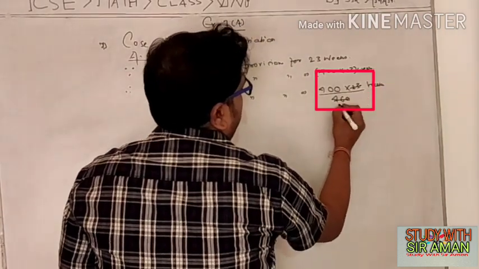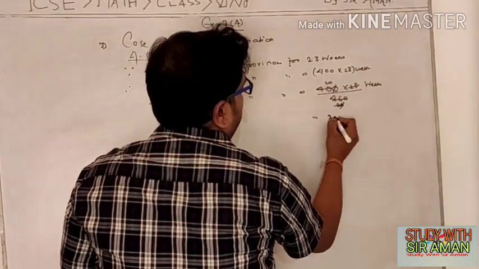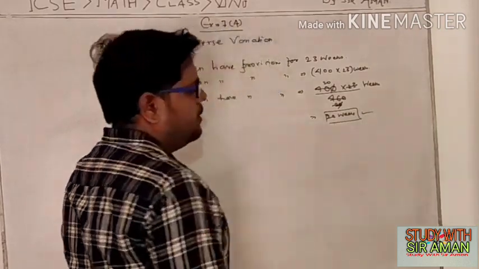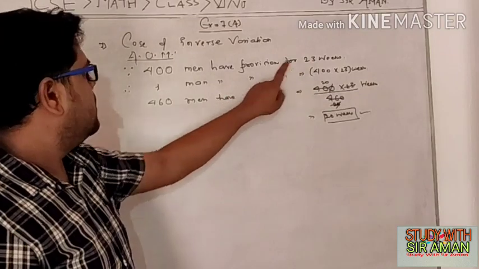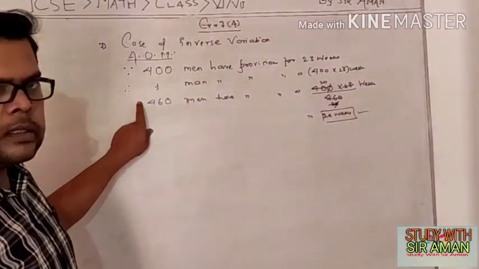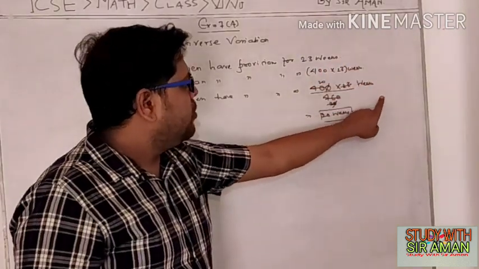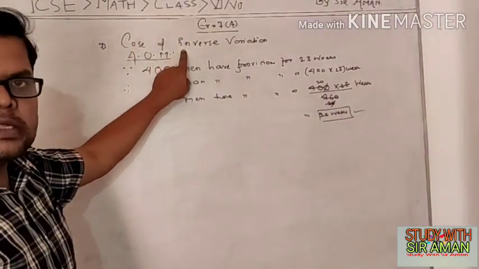But 20 weeks is our required answer. For 400 men 23 weeks, 460 men 20 weeks. This side the number of men is increasing, but the number of weeks is decreasing. Therefore, it is inverse variation.